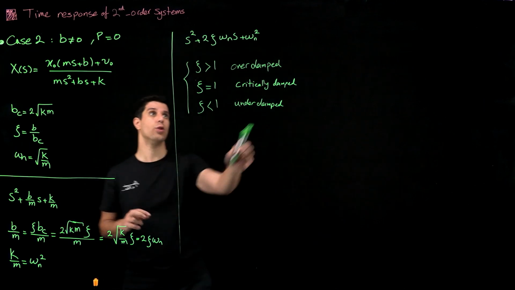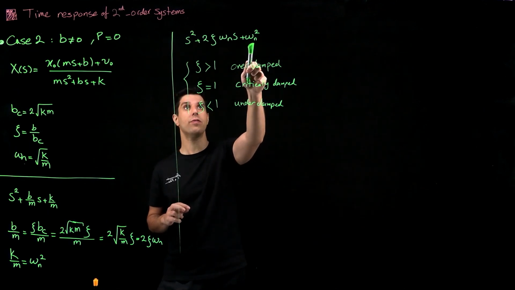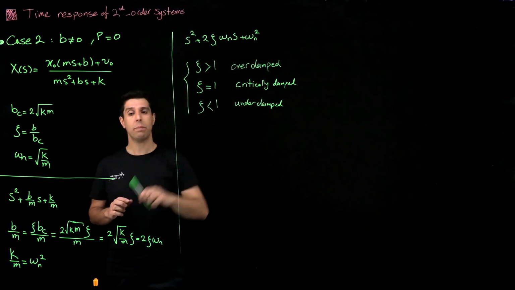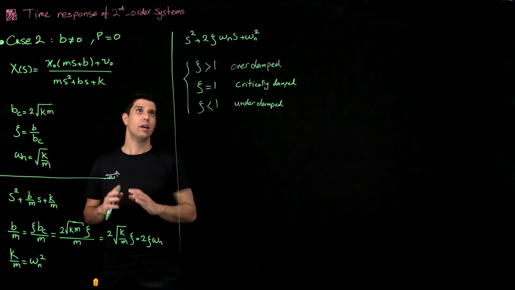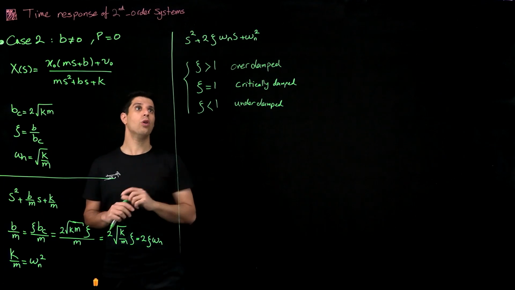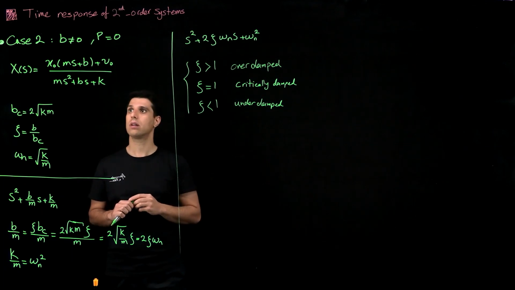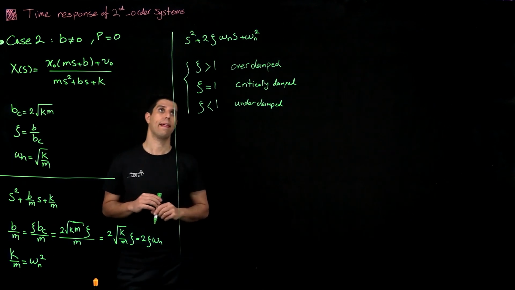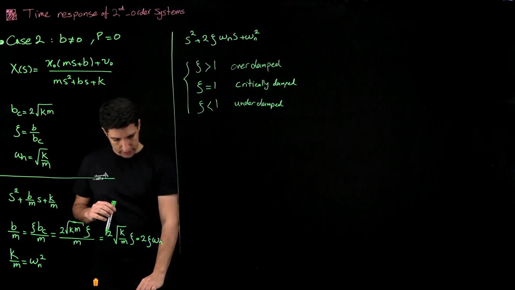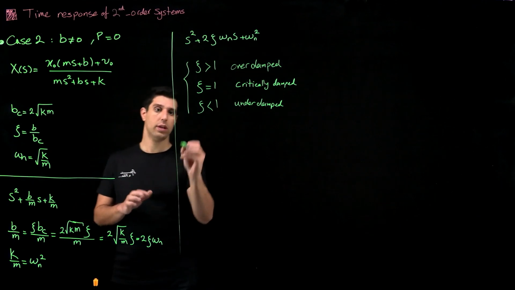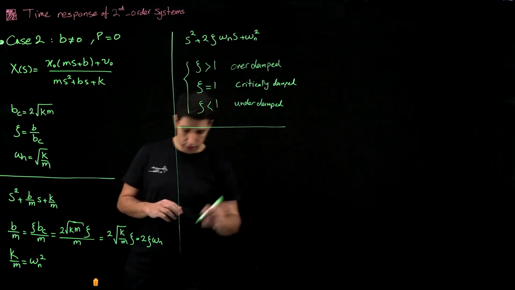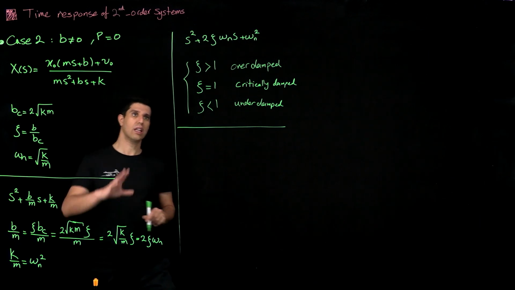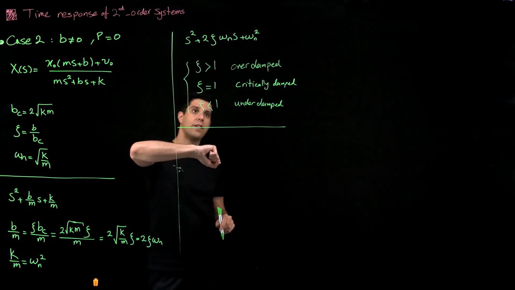And going back up here, if I know the natural frequency of the system and the damping ratio, I can fully know how the system behaves, given that I know the initial conditions. All right. So I'm just going to write down the equations for any of these.